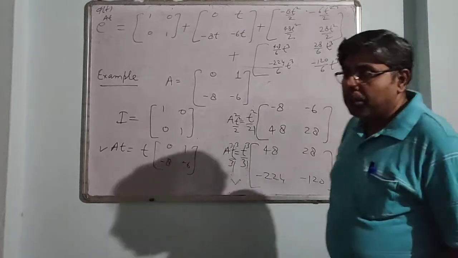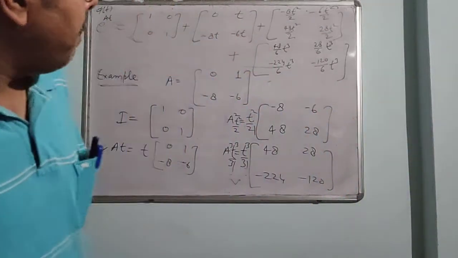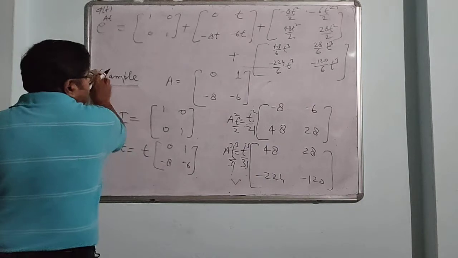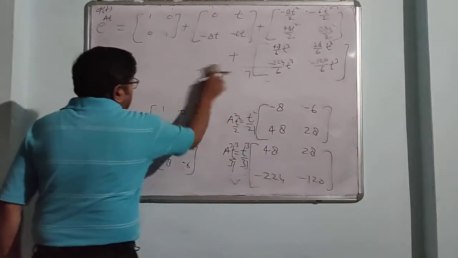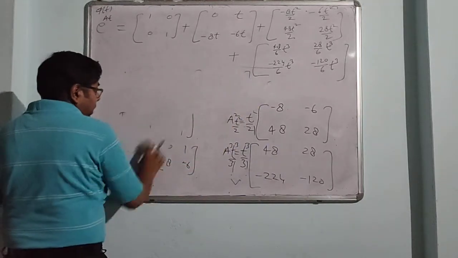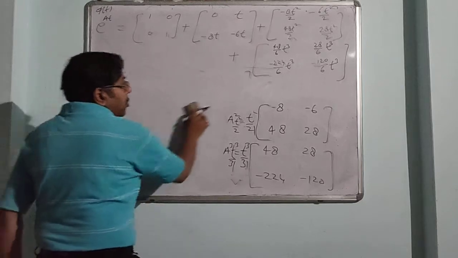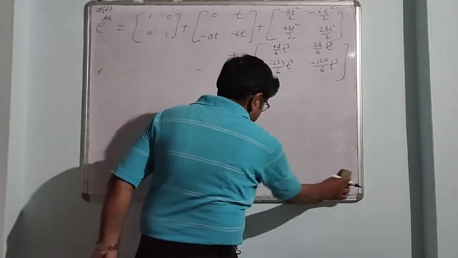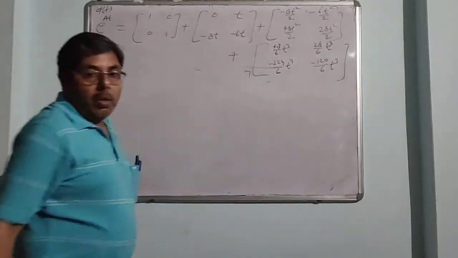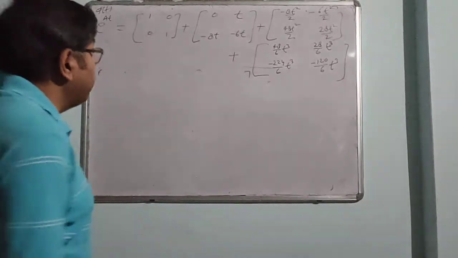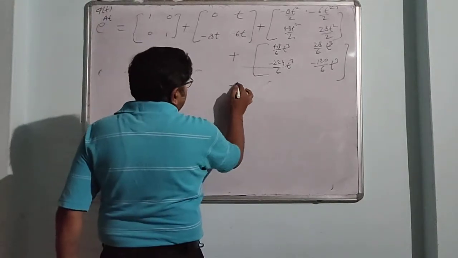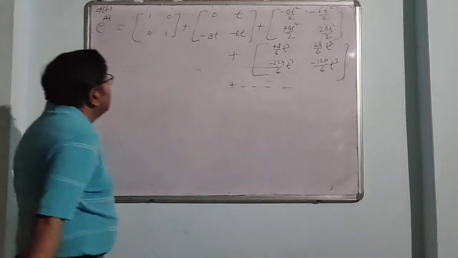So this is the summation, and after adding we will get the state transition matrix. So rule is very simple. Obviously this is infinite series, so other terms are also there.